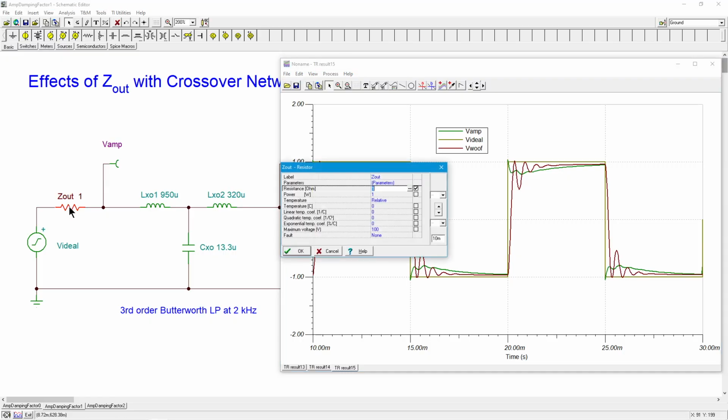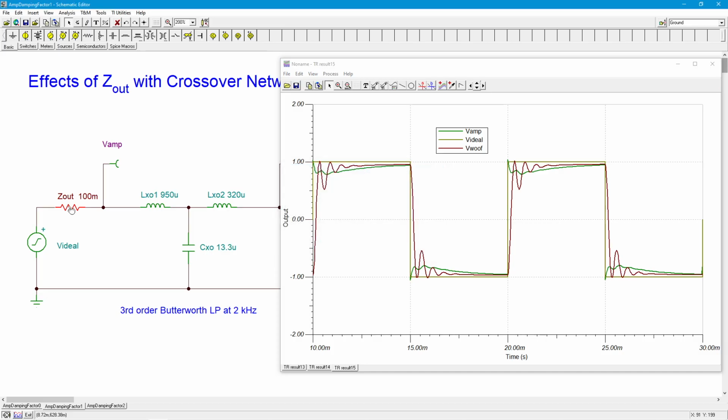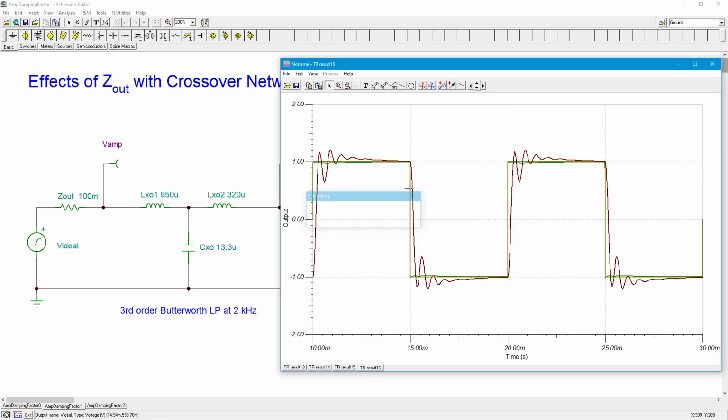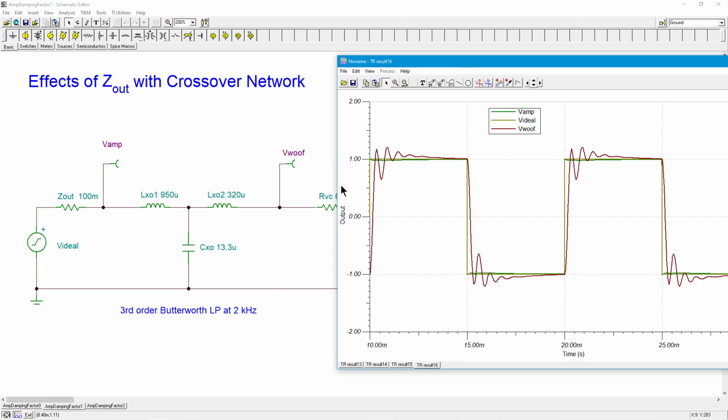But let's go back and try to improve the situation. We'll go back to 0.1 ohm, and we'll see what that produces. Wonk. Okay, so there's the green signal, and that's pretty nice. That's pretty flat. Now the woofer signal, which is back here, still is producing the ring.